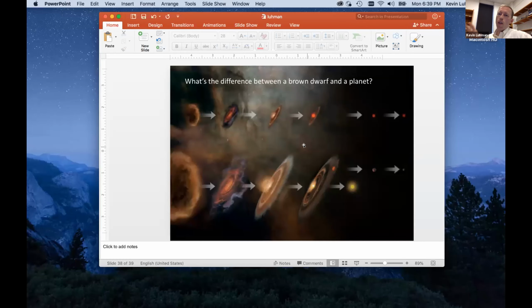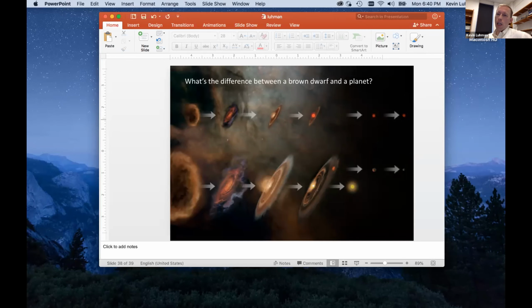But instead, I prefer a definition based on how they form. I would say that a substellar body that forms within a disk around another more massive body, that's a planet. Whereas a substellar body that forms from a collapsing cloud core, like a star, I would say that's a brown dwarf, no matter how small in mass it is. So if it forms like a star, I would say it's a brown dwarf.